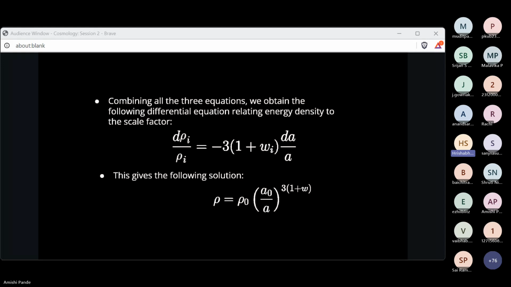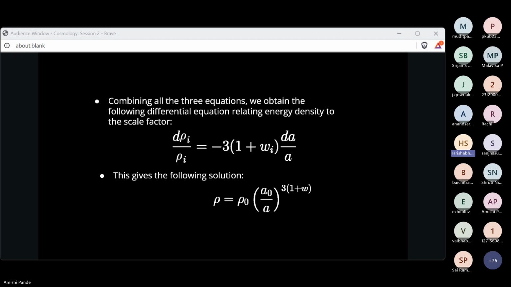Now, after we solve the fluid differential equation, this is what we get. What we did there was we changed P as P is equal to W rho, and we made some slight shift to the differential equation.